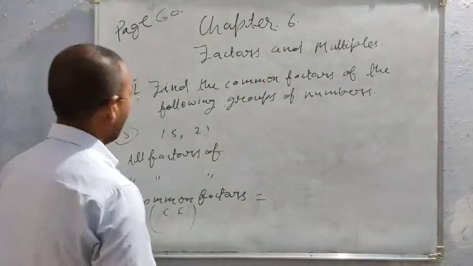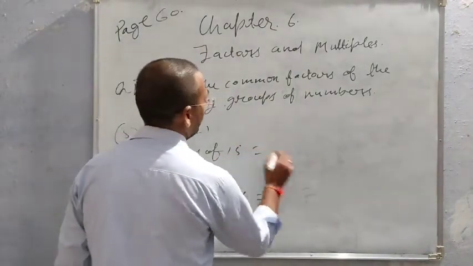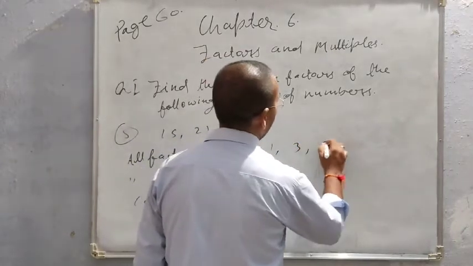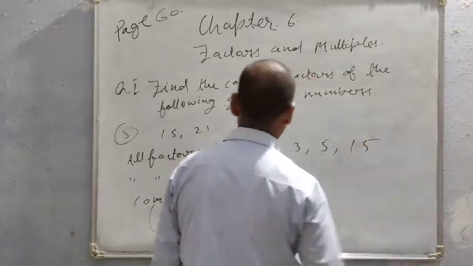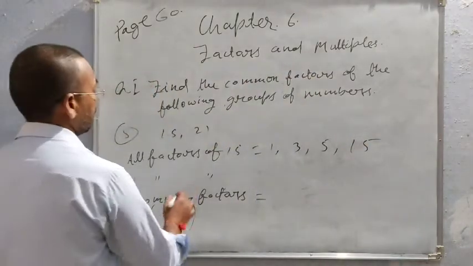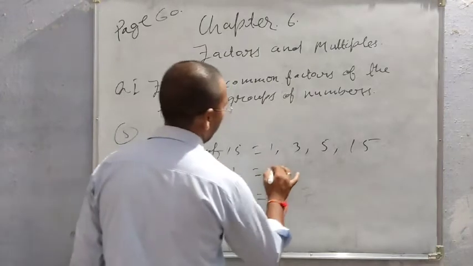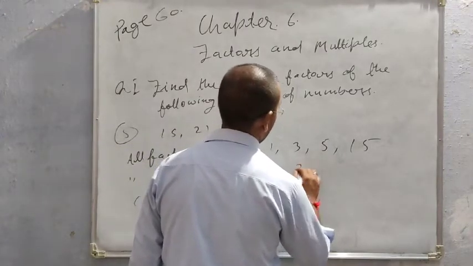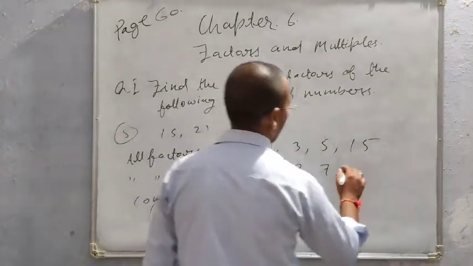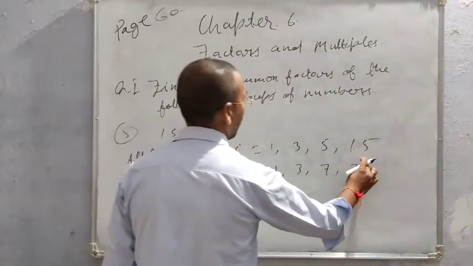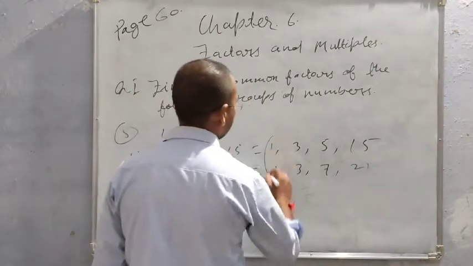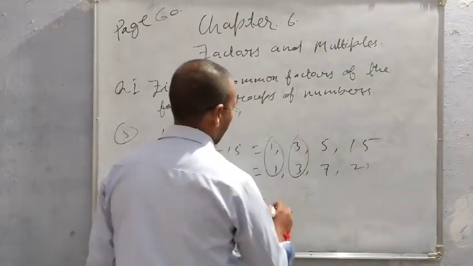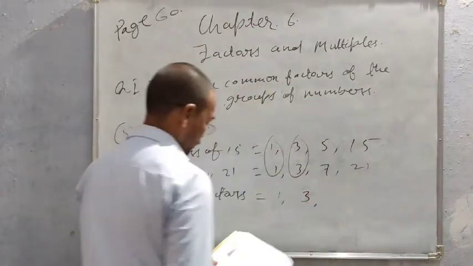So write all the factors of 15: 1, 3, 5 and 15. And all the factors of 21 are 1, 3, 7 and 21. Common factors: 1 and 3.